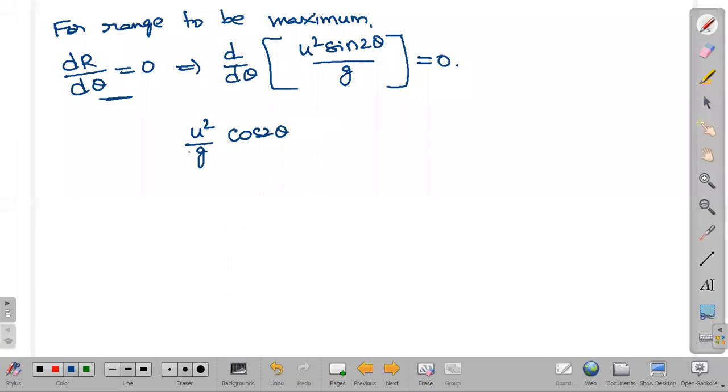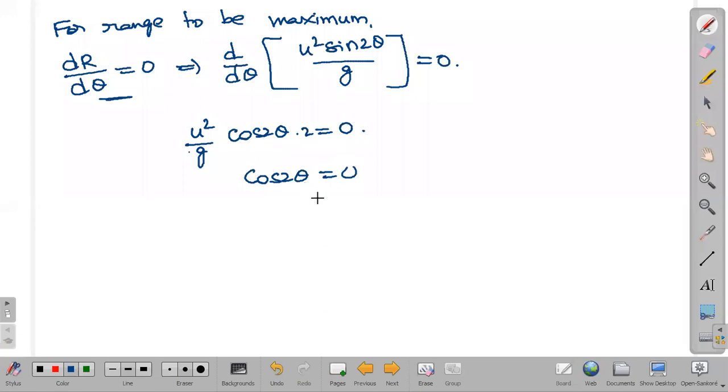Of course, one more 2 will also come from differentiation of 2 theta. All these are constants. I am taking u square by g and 2 to the other side, where 0 into that becomes 0. That implies cos 2 theta is equal to 0.